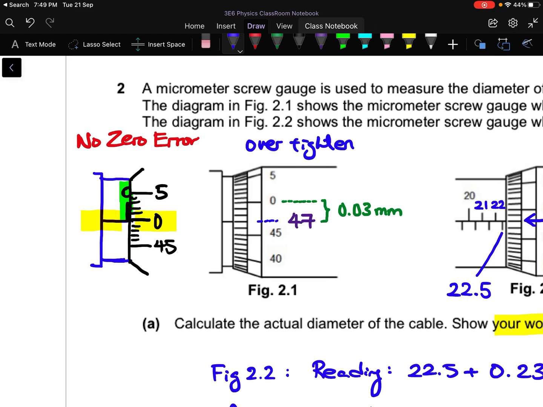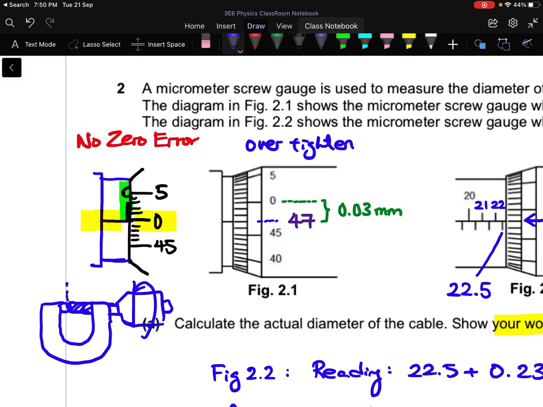Meaning that basically this jaw, you remember your micrometer should look something like this, then there is this thing here that allows you to screw in. The more you screw this part in, the more this closes onto the thing. And when it is in perfect condition, when it is just closed, you will see this.